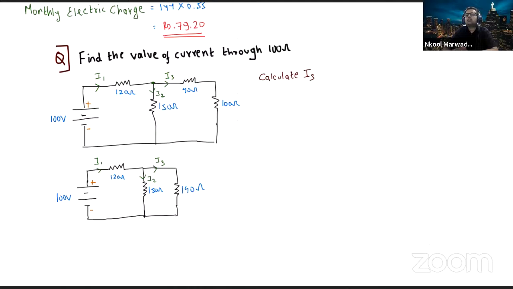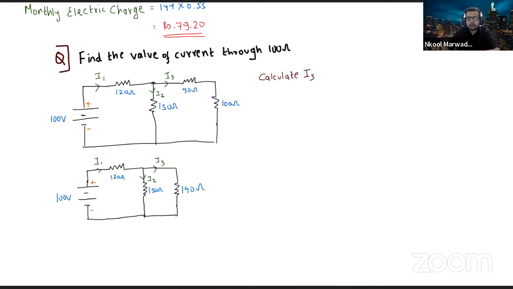So how to calculate I1? I1 is the current drawn from the battery. If I am able to calculate the net resistance and apply Ohm's law, I can calculate I1. That is what I am trying to do. So how will I do that? Let us see. We know that these two resistances, 150 and 140, are in parallel, and they are further in series with 120.